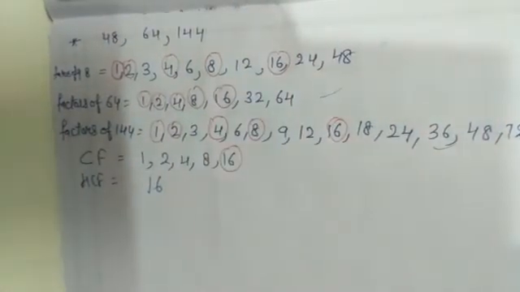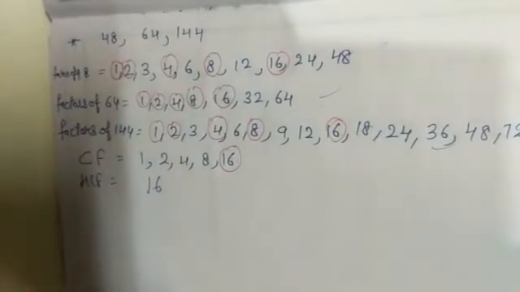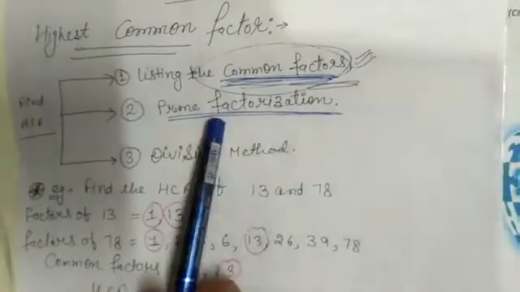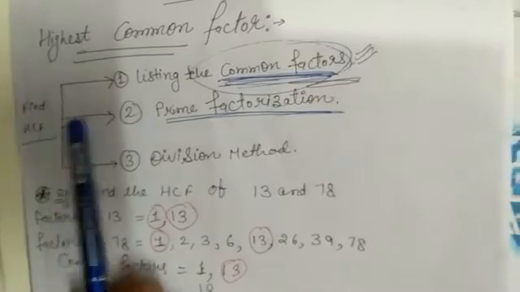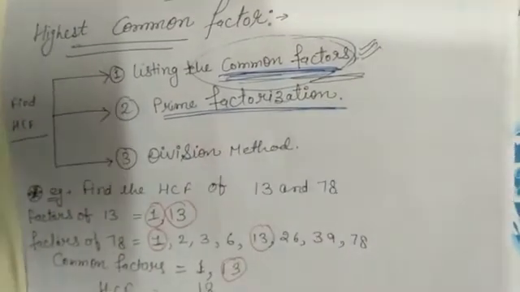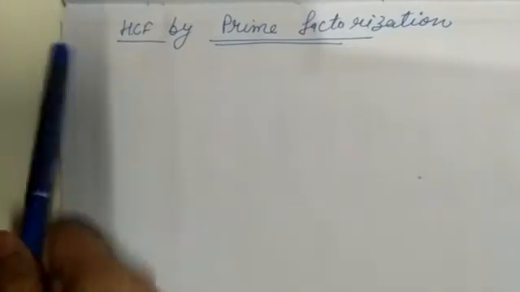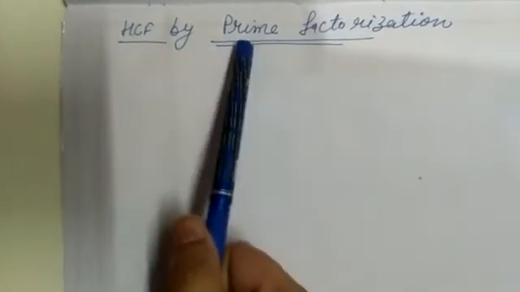Good. Now let's go to the next topic. The next topic is prime factorization, that is, finding HCF by using prime factorization. Let's begin. I have already told you prime factorization means writing a number as a product of its prime factors.